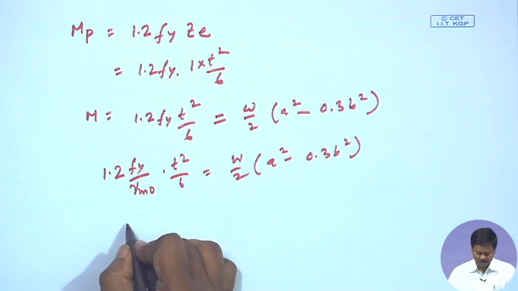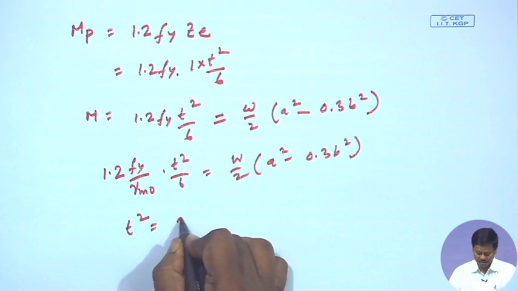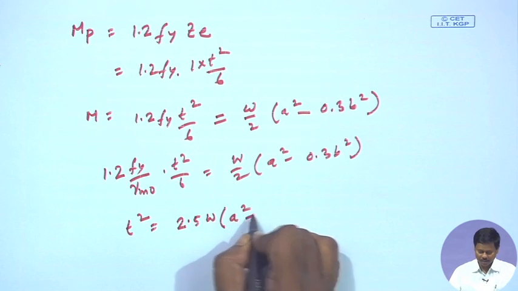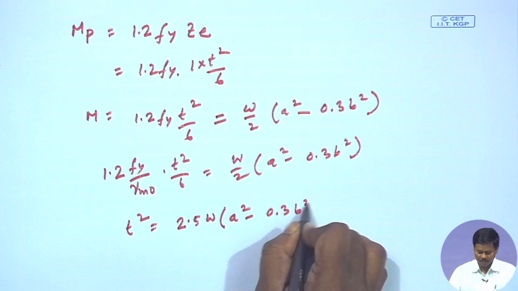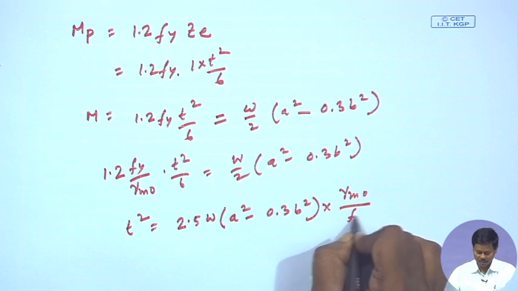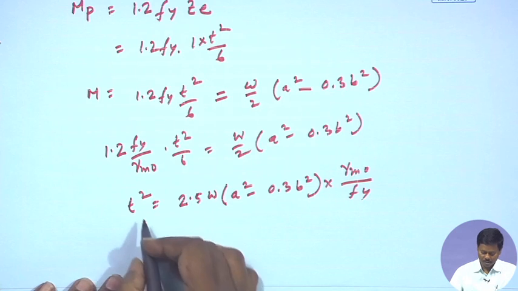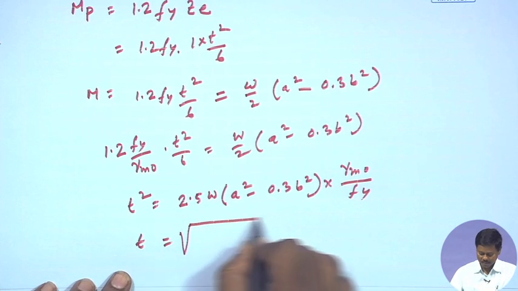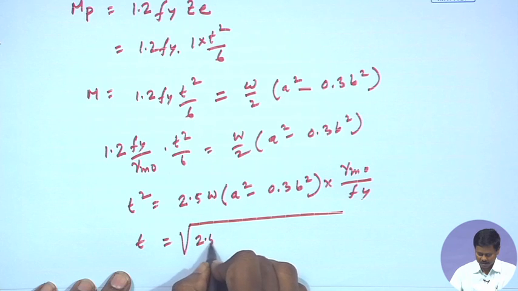So, from this I can find out t square as 2.5 W into A square minus 0.3 B square into gamma m0 by Fy, or the thickness of the base plate can be found from this finally.